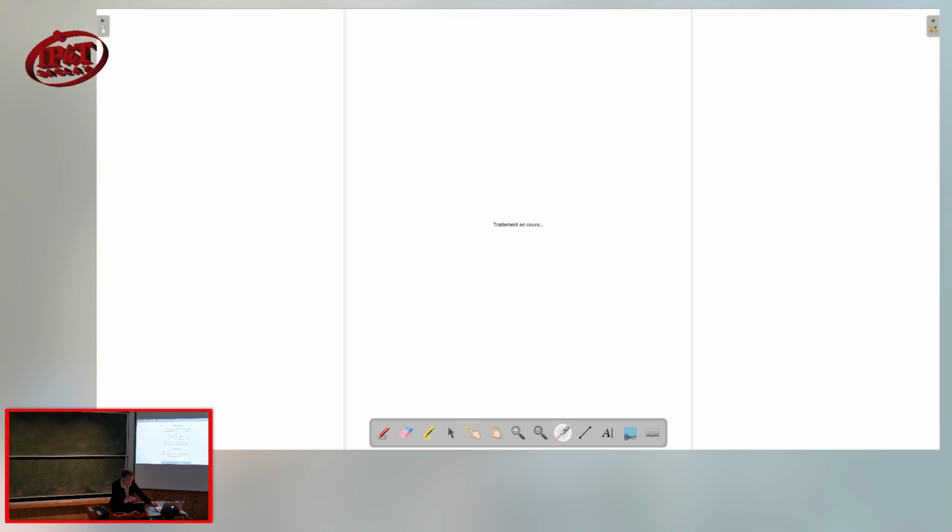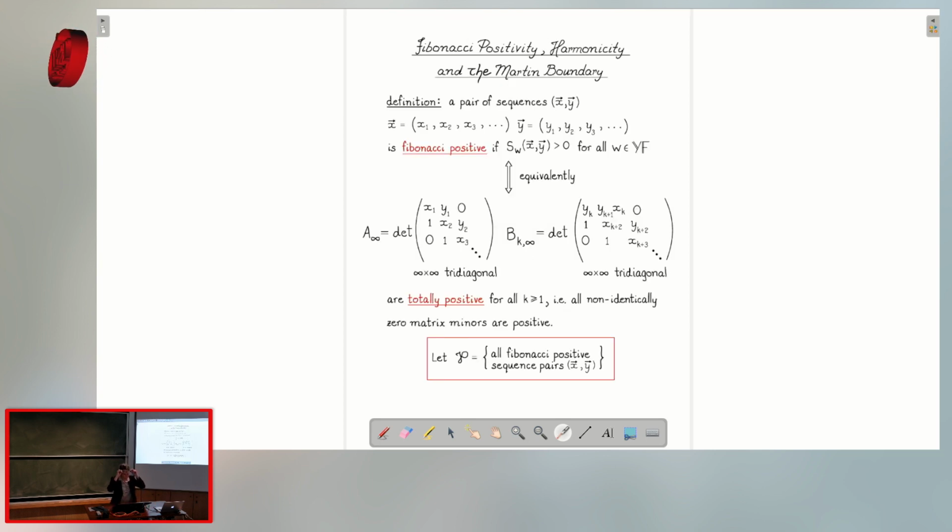I may have to cut it short here, but let me just end with some remarks. I mentioned we should talk about specialization. So now x and y are sequences of complex numbers, and we'll say that the pair is Fibonacci positive if the corresponding evaluated clone-Schur function is strictly positive for all Fibonacci words.